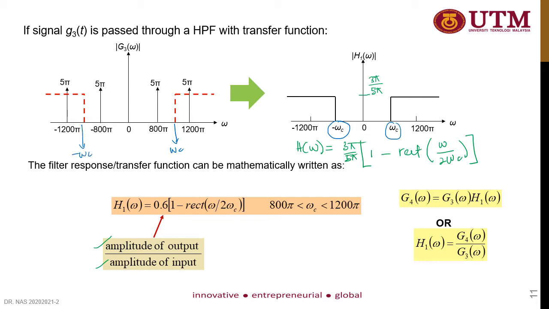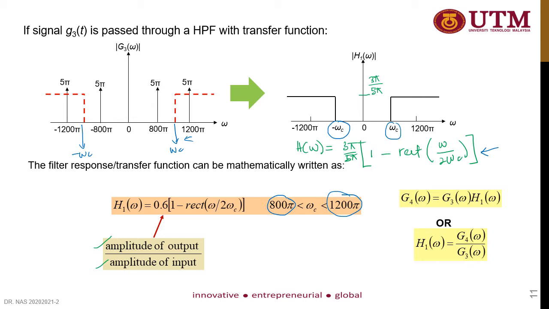So it must be larger than 800 but lower than 1200 to make sure that no signals from 800 pi will be included in the filter, and to make sure the component at 1200 pi is completely selected and passed through the filter. Okay, so this is the transfer function of the high pass filter for this particular case.